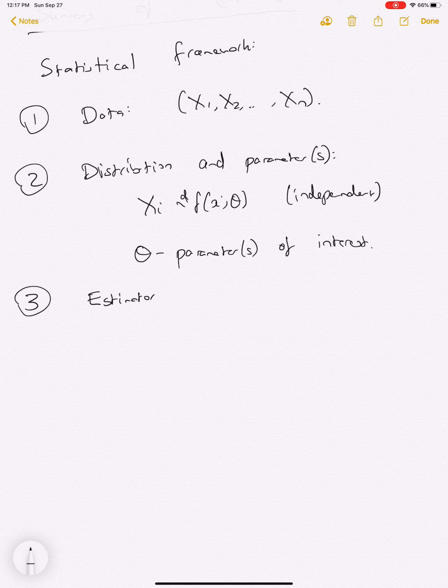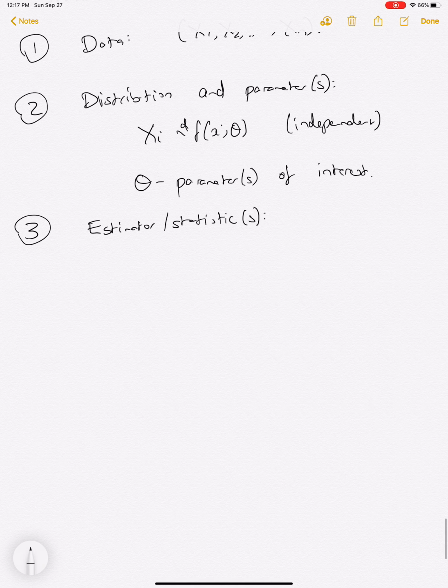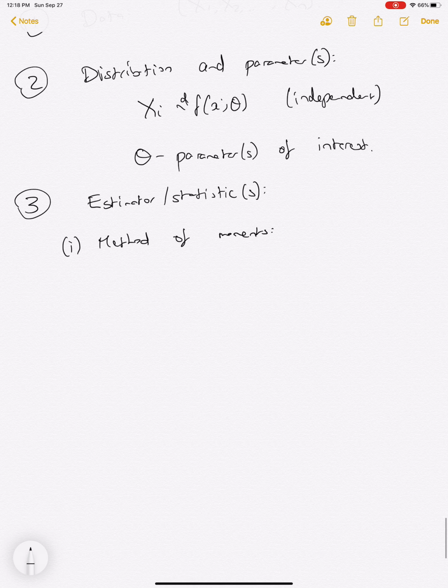we spent a fair amount of time talking about two procedures that were general. One here was the method of moments, that we spent 1 or 2 lectures on.